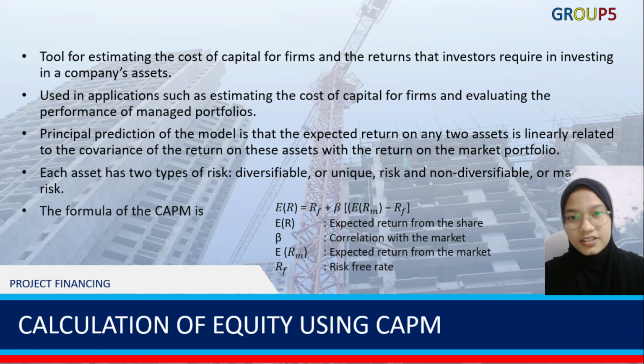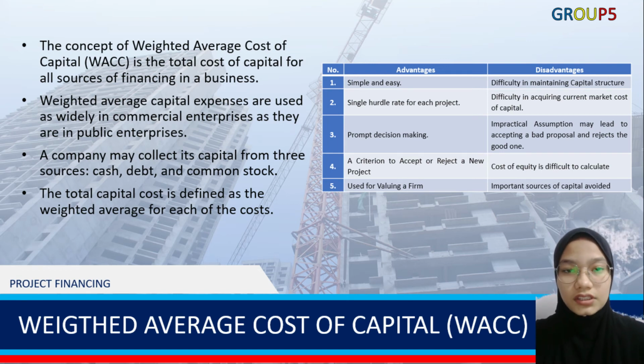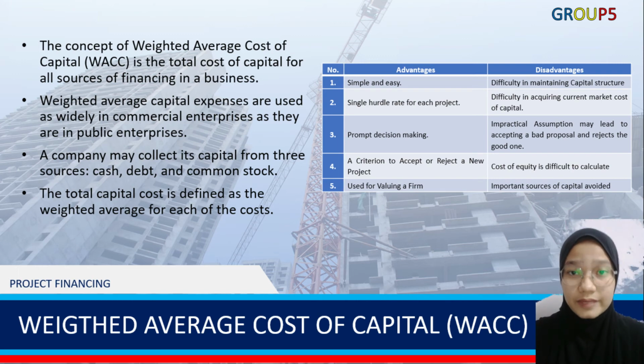The formula of CAPM is ER equals RF, which stands for risk-free rate, plus beta, which stands for correlation with the market, in brackets ERM minus risk-free rate, close brackets. The concept of weighted average cost of capital, WACC, is the total cost of capital for all sources of financing in a business.